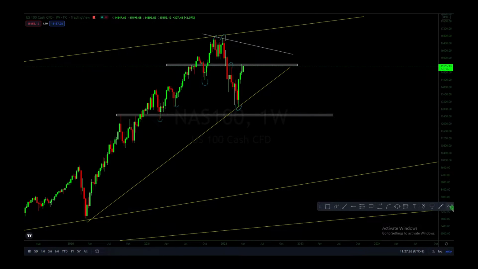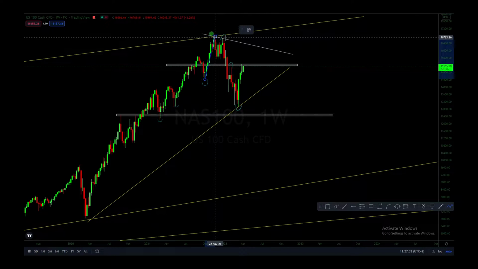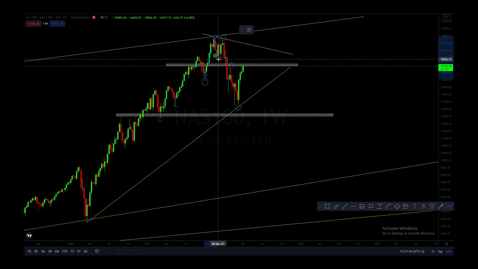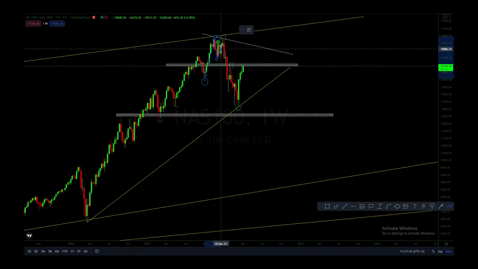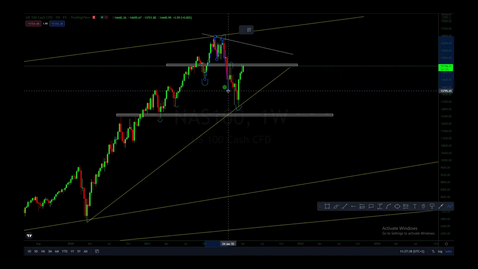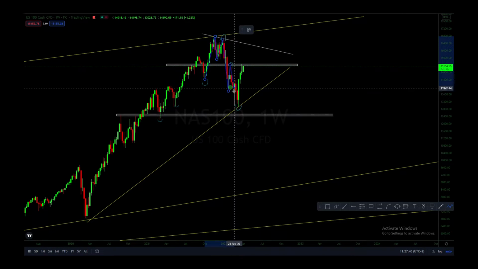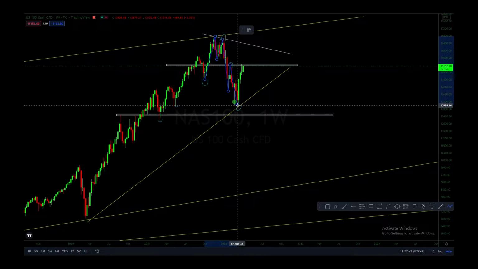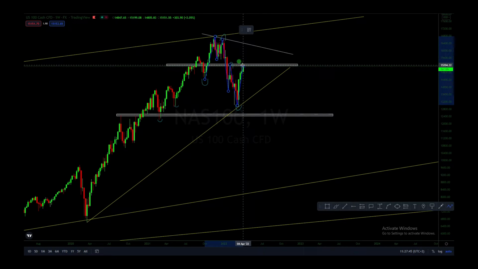First and foremost, we want to identify trend as always. Doesn't matter if I know it at the back of my head, I still want to identify trend, and I use the weekly chart for that. Higher low, lower high, lower low, lower high, lower low, equal high, still lower high until we close above or close below.